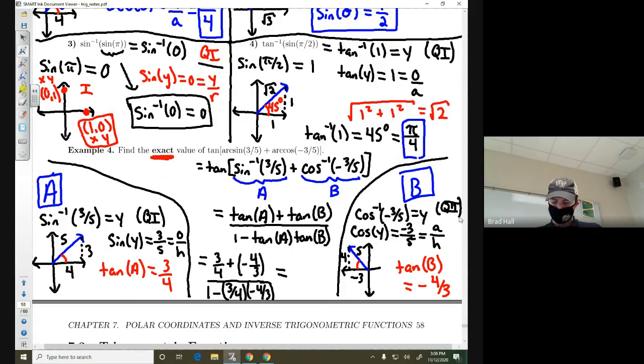Let's see how this comes out as a final answer. 3 over 4, negative 4 over 3. Negative 7 over 24. It's like a 3-part problem.